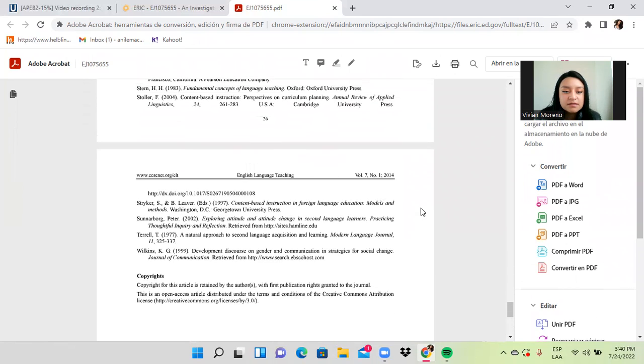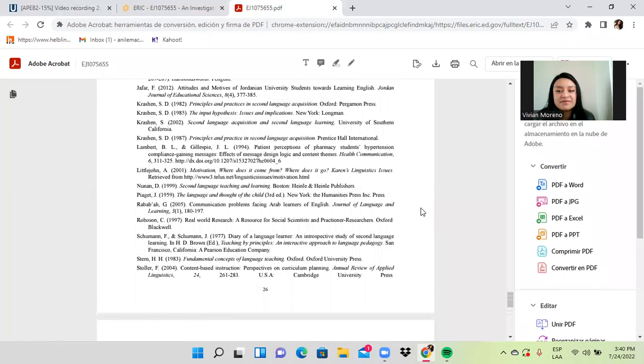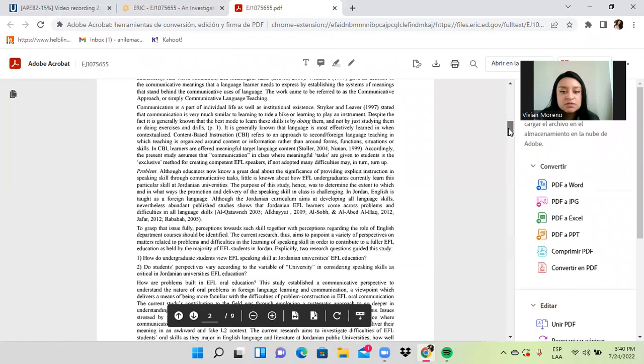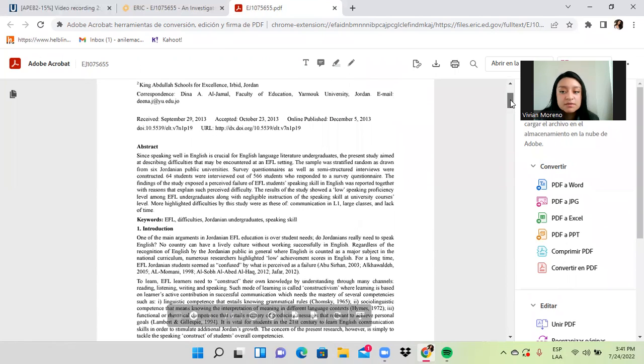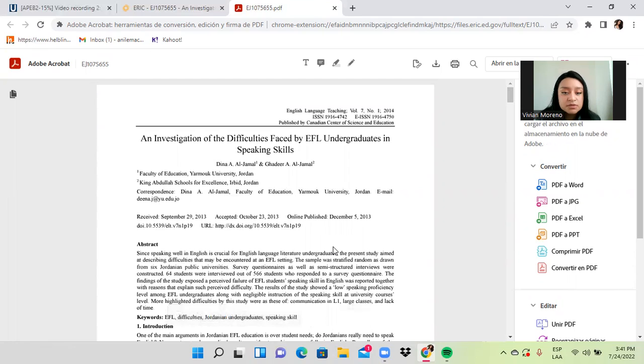And in this case, this journal article has these elements: the abstract, the introduction, the method, the results, and the conclusion. The majority of journal articles follow the same structure, right? That would be all.